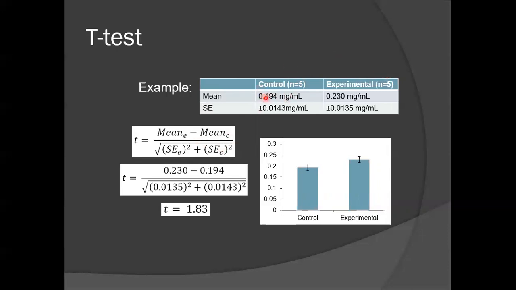We will plug in the average of the experimental and the average of the control for these values, 0.230, 0.194, divided by the standard error squared of each data set. Plugging this in, we get a t-value of 1.83.